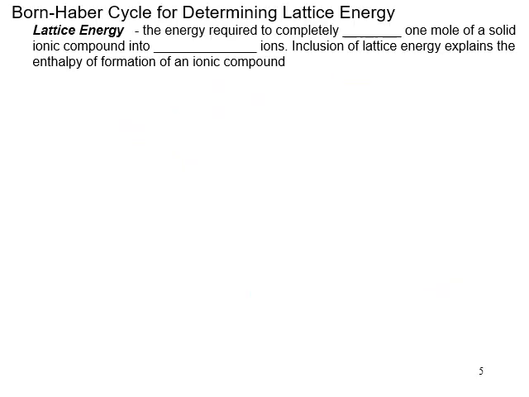Now let's talk about some fun stuff with this Born-Haber cycle. Now you thought you were finished with thermochemistry and Hess's law? Not yet. Lattice energy, again, is the energy required to completely separate 1 mole of a solid into gaseous ions. The reason for this is it explains the enthalpy of formation of an ionic compound.